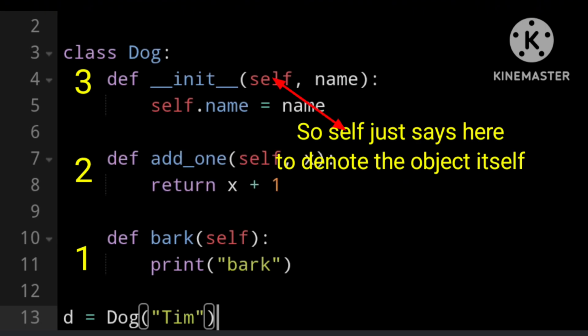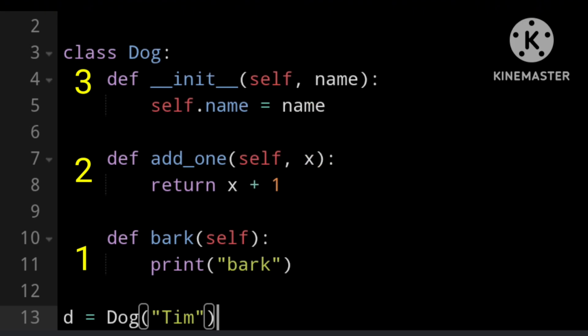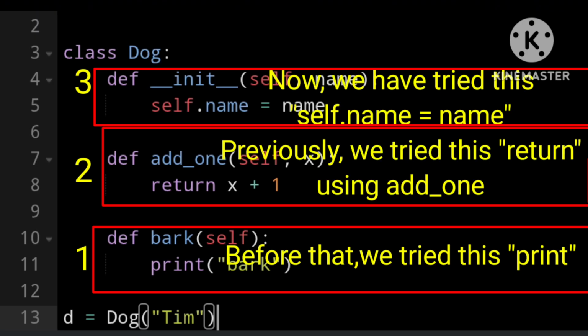Self just denotes the object itself. Every time one of these methods is called, we will pass a reference to which object it was called on. So we can access things for each specific object, and we will talk about that more in a second. But here I have defined an attribute called name, which is equal to the name that we pass in.